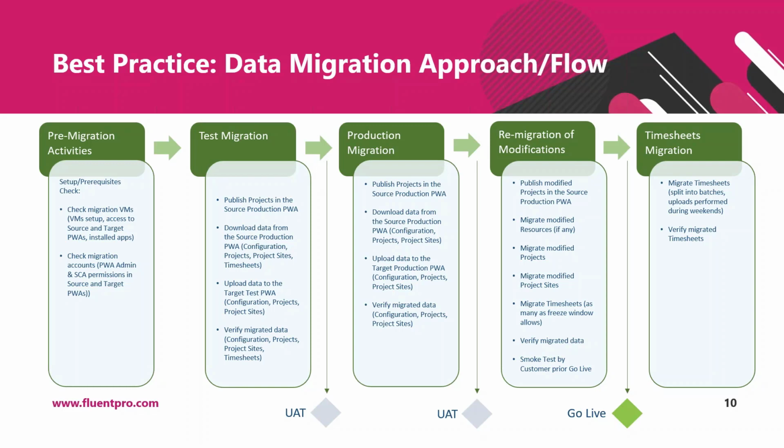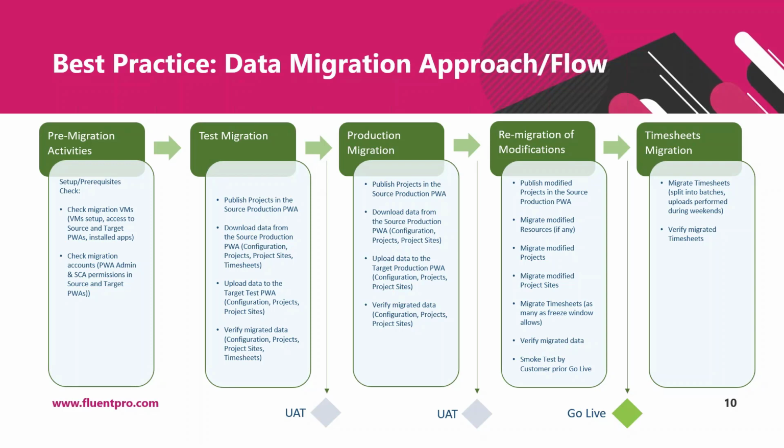The versions of Project Professional should be compatible with the source and target PWAs. Also, you will need a Microsoft Excel installed on the machine and Notepad or Notepad++ to work with the log files. During this phase, you would also check migration accounts and their permissions in the source and target PWAs. Migration accounts will need to have PWA administrator and site collection administrator permissions in both PWAs.